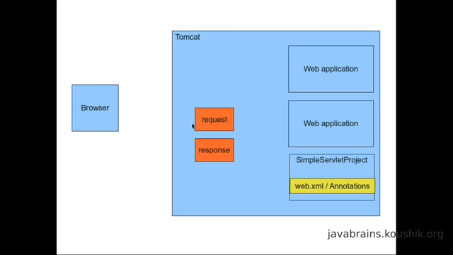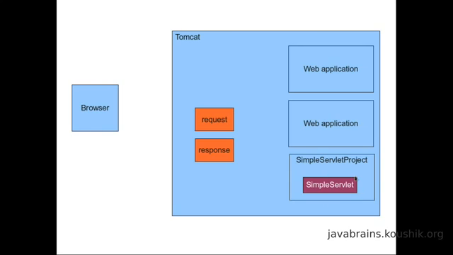This is something that we've already seen, based on the part of the URL after the web application. That part is going to give Tomcat a clue as to which servlet needs to be run. It references this with the web.xml or the annotations, and it identifies the servlet. In this case it is a simple servlet. Now it executes this simple servlet.